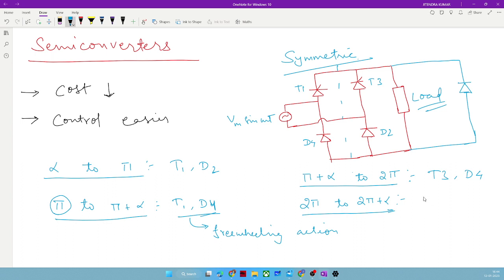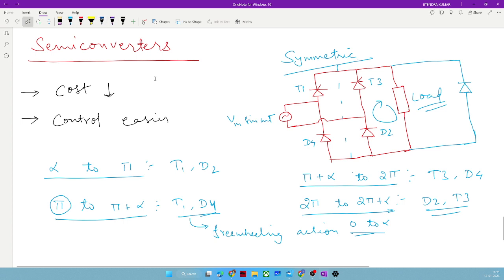D2, T3. Perfect. They will freewheel, right? So D2, T3 will freewheel for the instant 2 pi to 2 pi plus alpha, which is the same as 0 to alpha. Now we know which switches will conduct when.